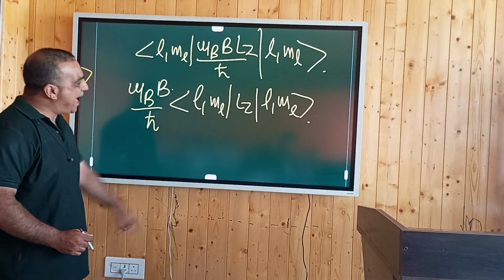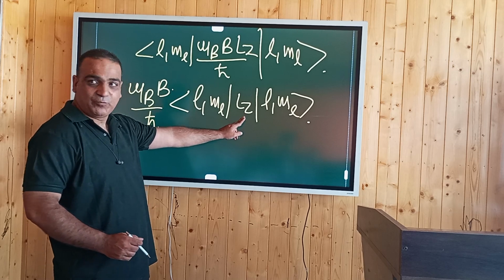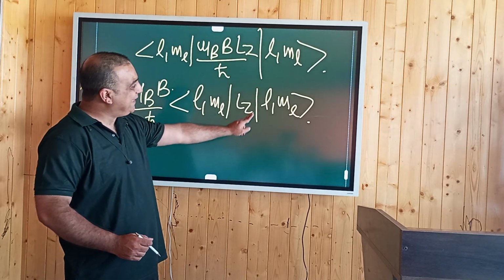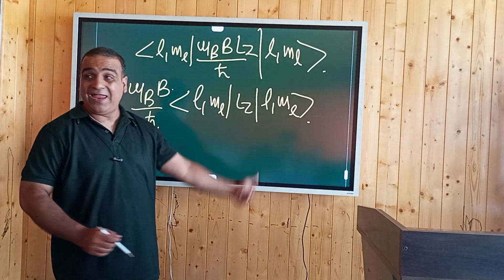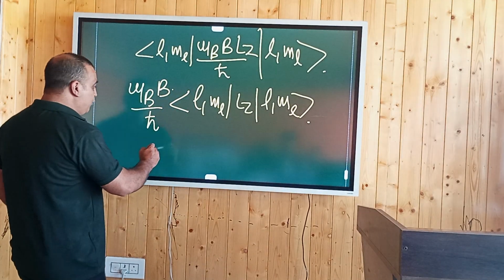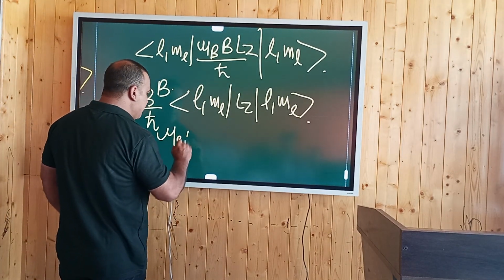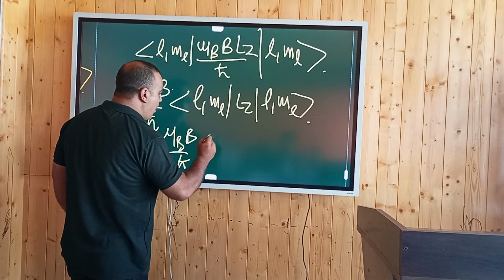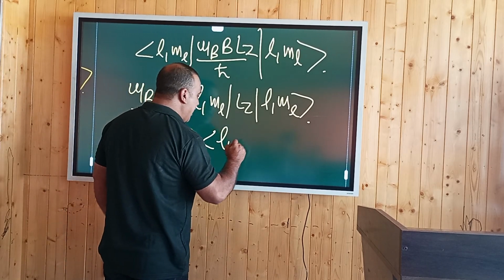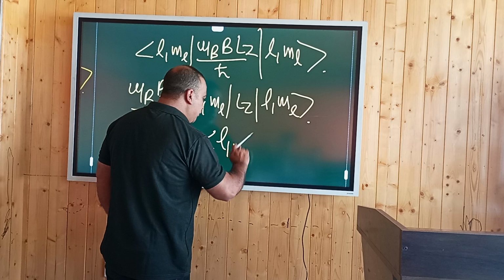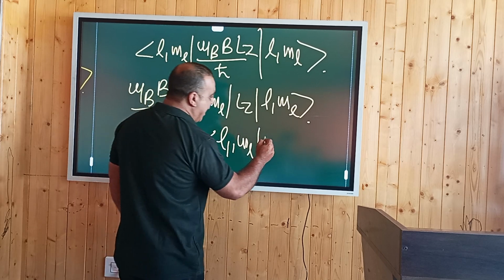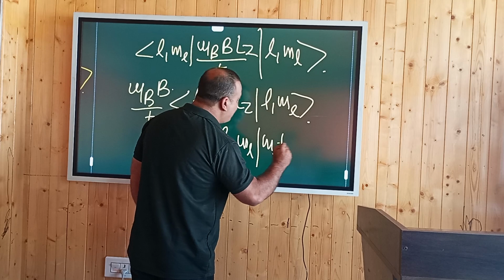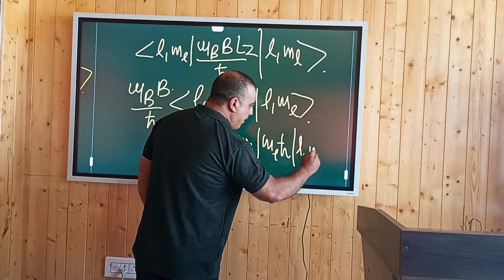Okay? So now you have energy eigenvalue problem here. You have LZ acting on L, ML. It will give you what? ML H bar. So you will have mu B B by H bar. Then you will have L, ML, and you will have ML, H bar, L, ML.